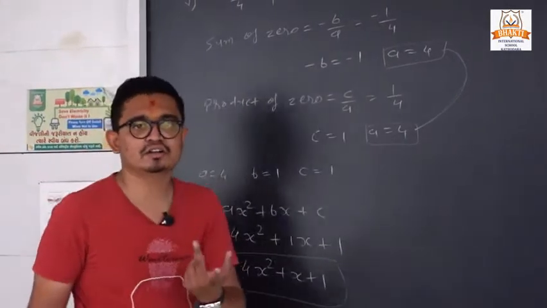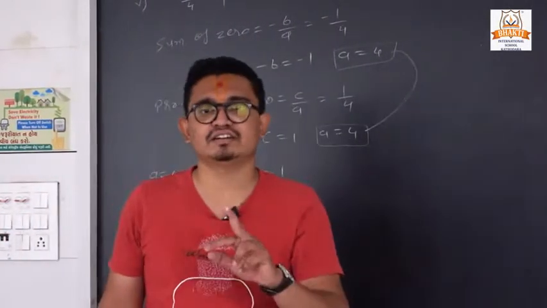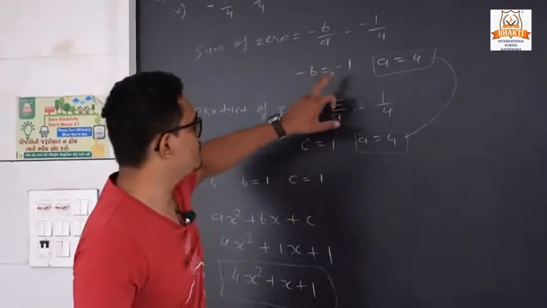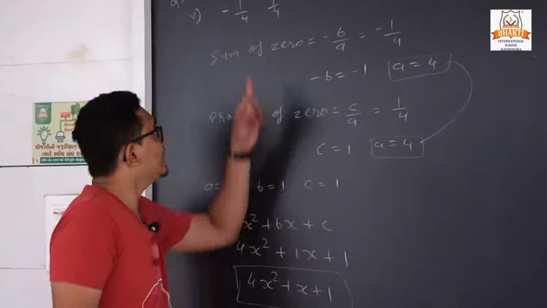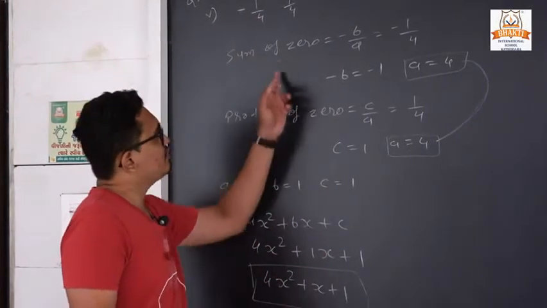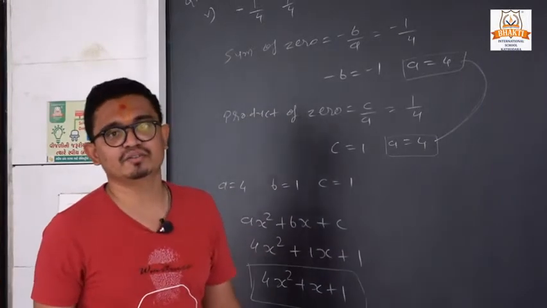So it means both are related to each other. In the first case we find the sum of zeros and product of zeros from polynomials, and in the second question we find the polynomial from the sum of zeros and product of zeros.